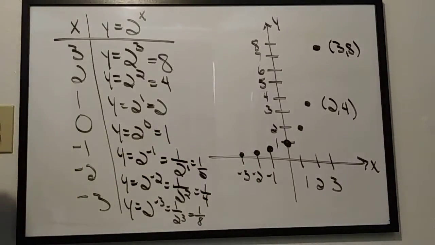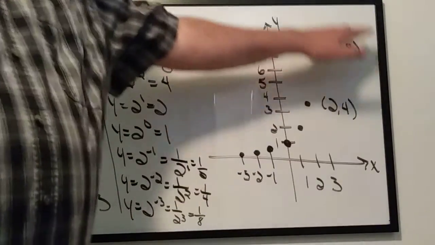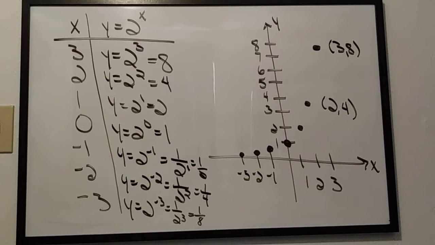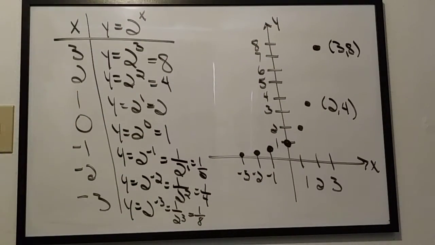Now, as you look at these points, what you have to realize is that we have 2 very different behaviors when we look over here at the left-hand side, and then when we look over here on the right-hand side. On the right-hand side, notice that we're going up and to the right forever. That is behavior like polynomials.